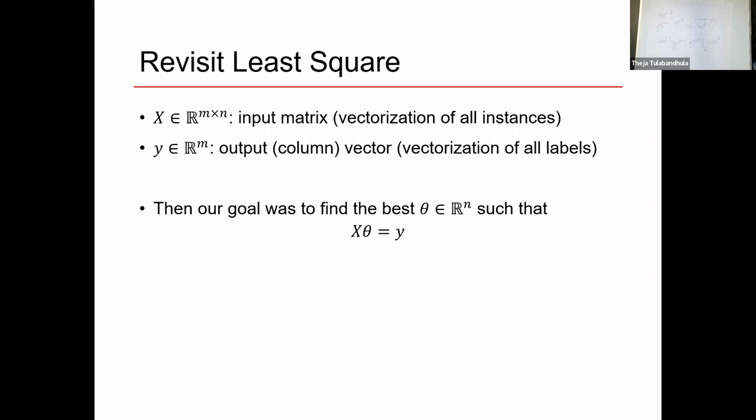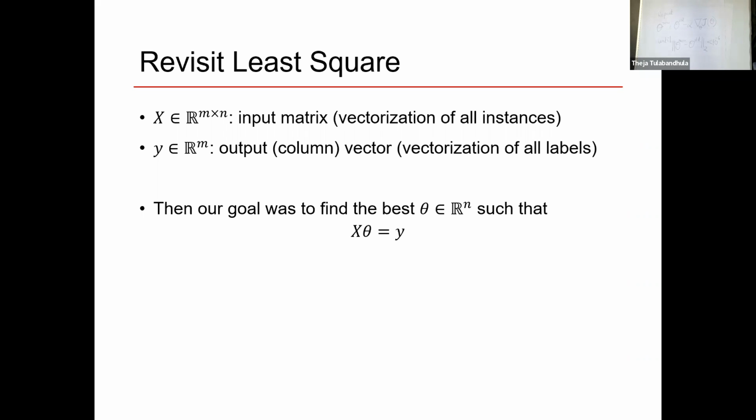That in a vector form is just this system of equations. Vector form just means the first row should be the same as the first output, the second row should be the same as the second output, and so on. There are m equations here. m is the number of rows. And so this is actually our goal. This is what we wanted: to find a theta such that this is true.